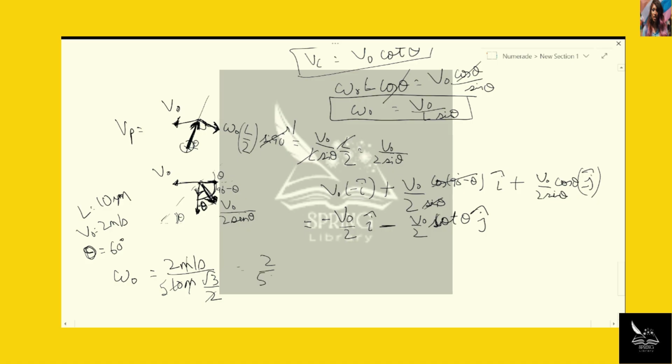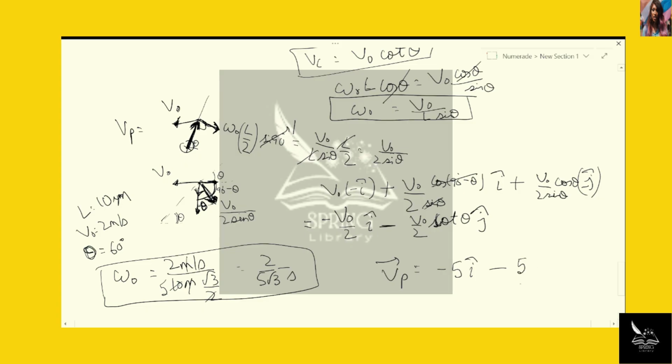So this is 2 over 5 root 3 per second, and this is omega naught, and then our velocity of P is minus V naught over 2, which is minus 5 i, minus V naught over 2 cot theta, so it's 5, and cotangent of 60 is cos over sine, so cos is half, sine is root 3 over 2, so it's 5 over root 3.